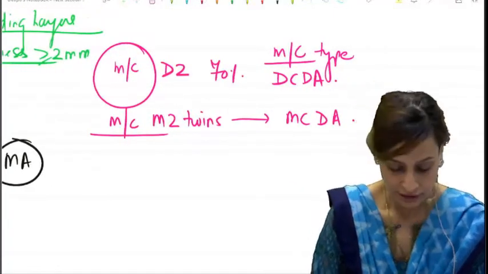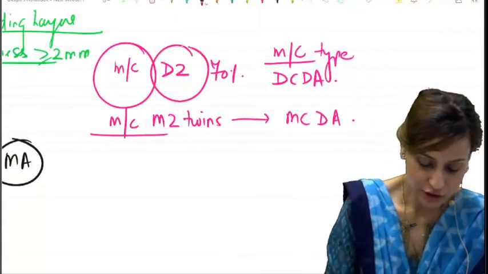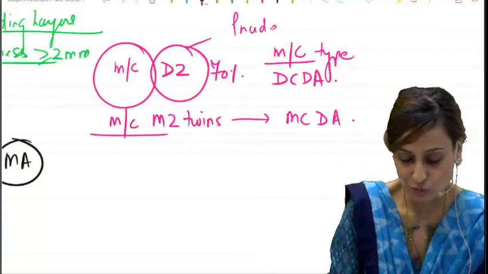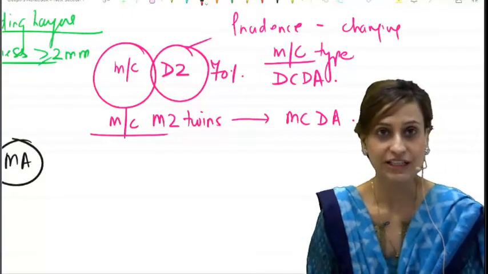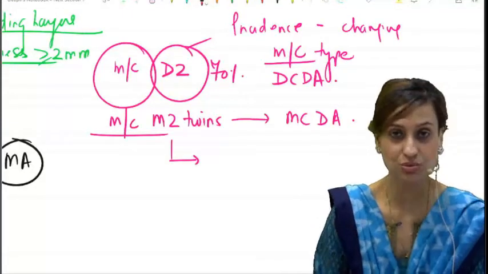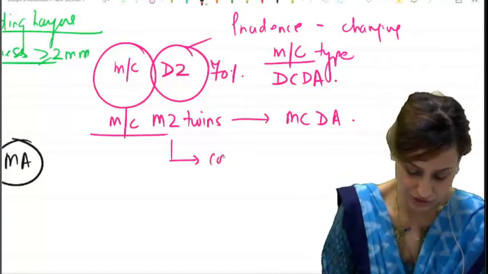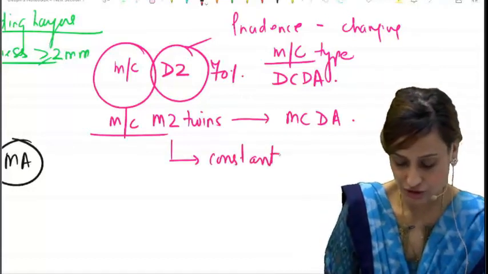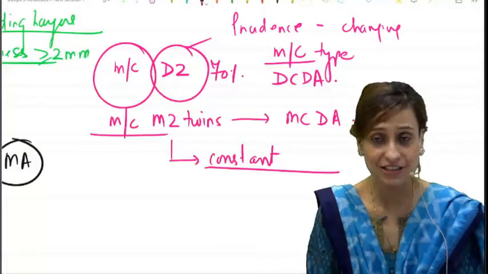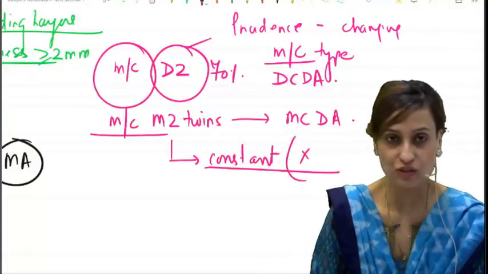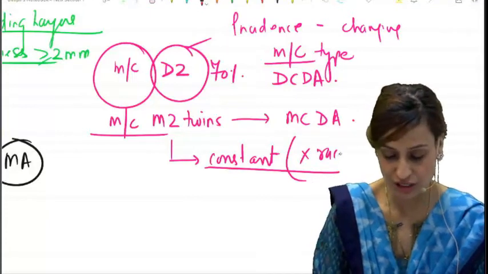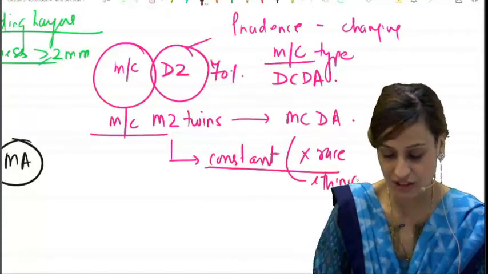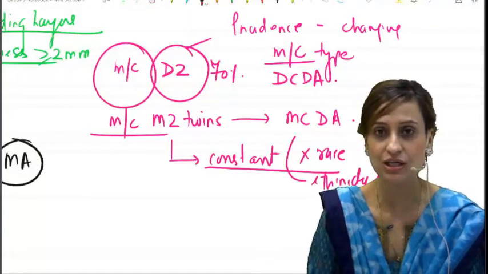Also remember that the incidence of dizygotic twins keeps changing throughout the world, whereas the incidence of monozygotic twins throughout the world is constant. They do not change, which means their incidence is not dependent on race or on ethnicity or on family history.